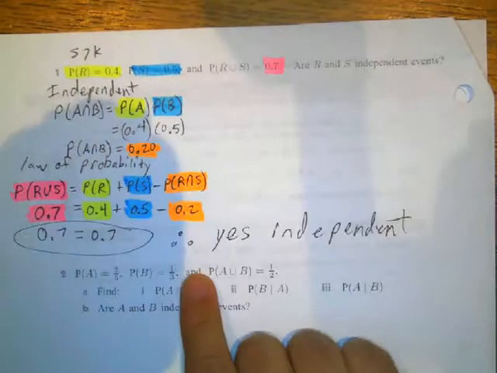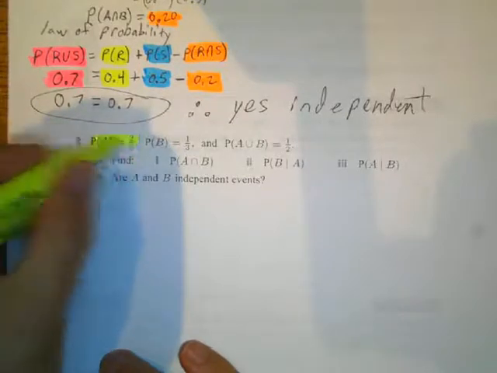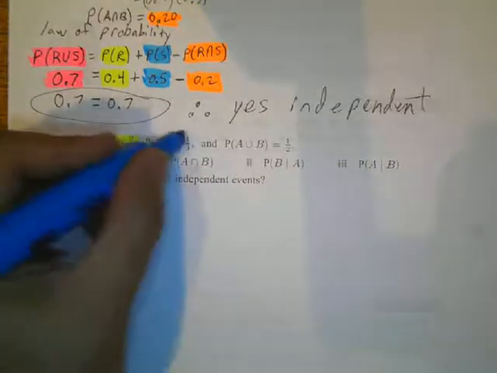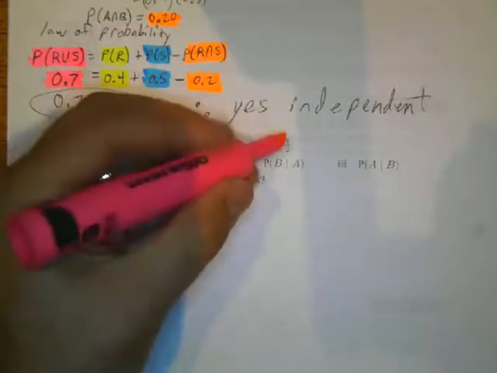Okay. All right, let's do question 2 now. We know the probability of A is 2/5. Probability of B is 1/3. And we know that the union is equal to 1/2.